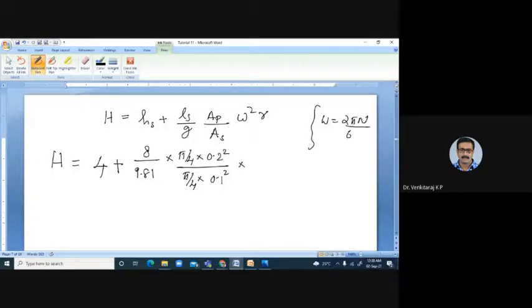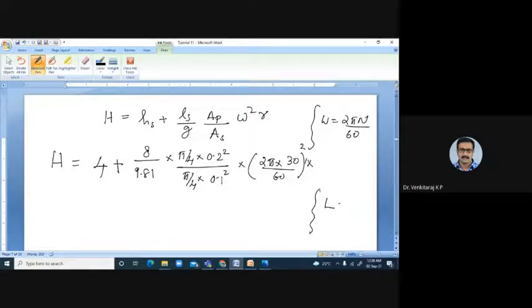so it is 2 pi into n value given as 30 by 60 into radius. This is the radius value.